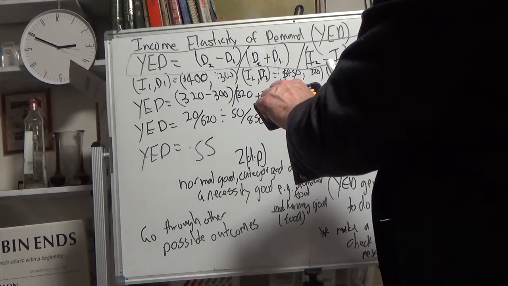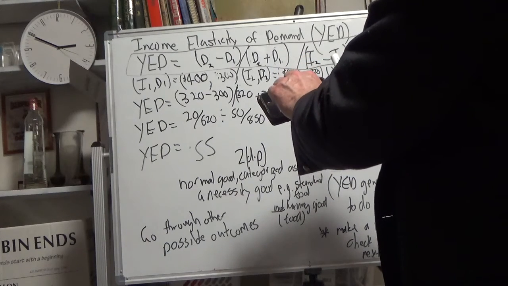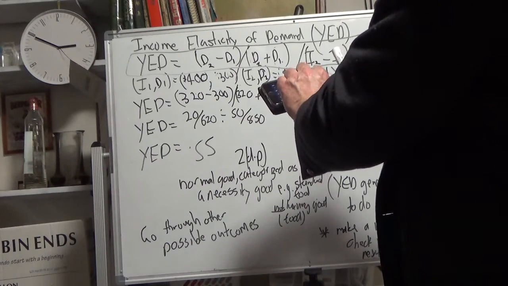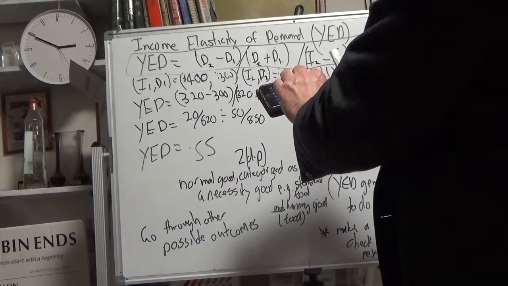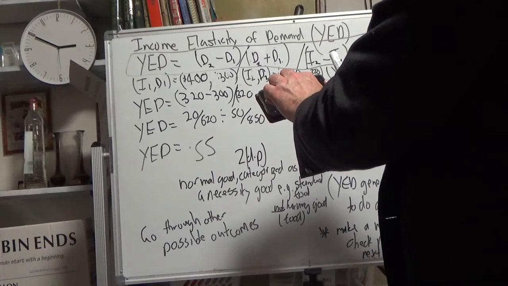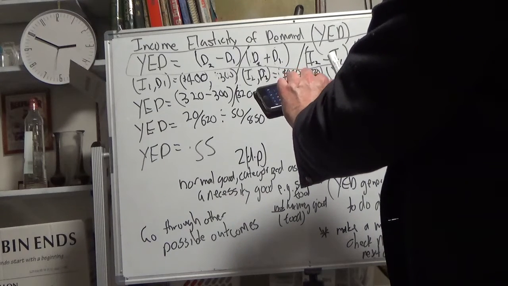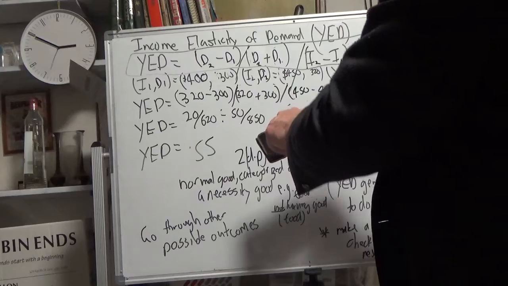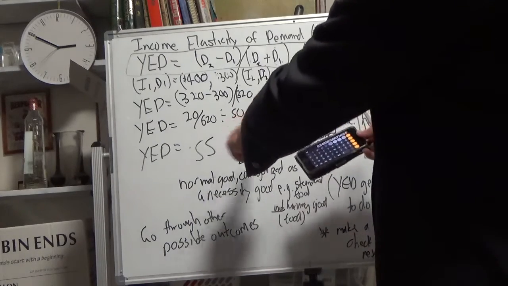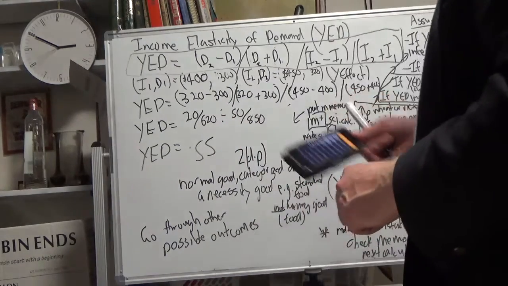Put it in memory with memory plus. Press C to get it back to 0. Now 20 divided by 620 is that, divided by memory recall, dividing by your denominator. And that gives us 0.548, and rounding it to 2 decimal places, it's 0.55.